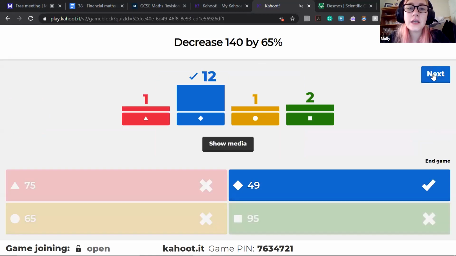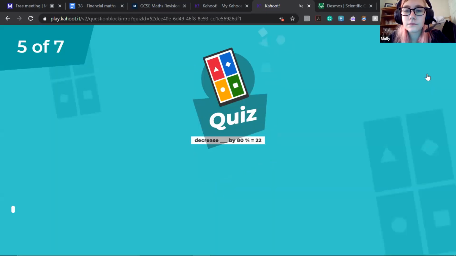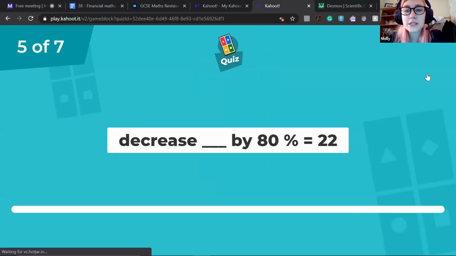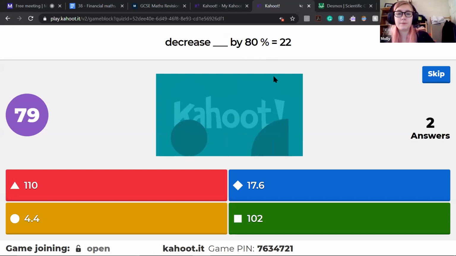Brilliant, well done. So here we want to multiply 140 by 0.35. So, a bit of a reverse percentages question here. So what gives 22 when we decrease it by 80%? So try calling this thing X. What would you have to decrease it by?